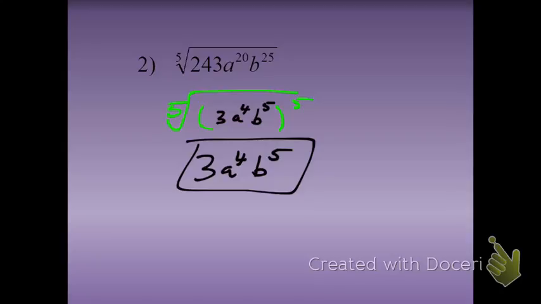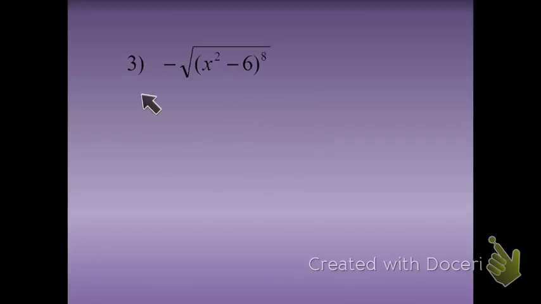Remember, you're simplifying these, so we're trying to make them smaller, to make it easier on us. Number 3: any signs in front of your radicals, when you're just simplifying, are honestly just there to mess with your head. You just want to drag them down along with you. This example can be a little more confusing because of the exponents in the multiple expressions. So you want to rewrite the inside expression as a power squared.